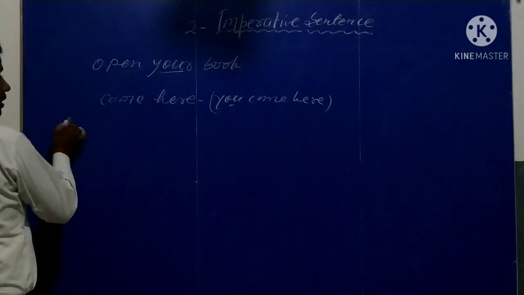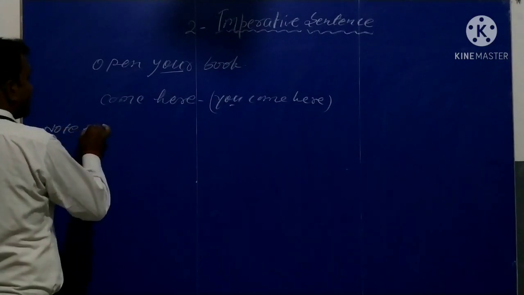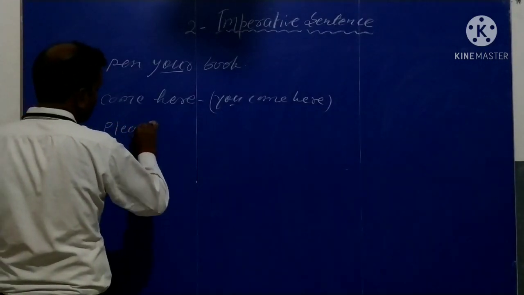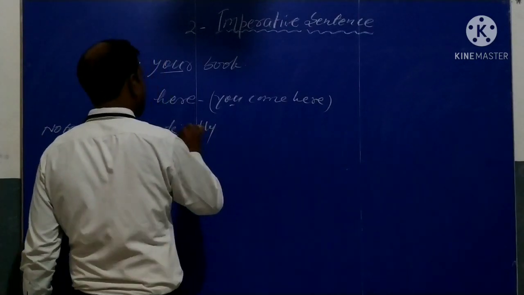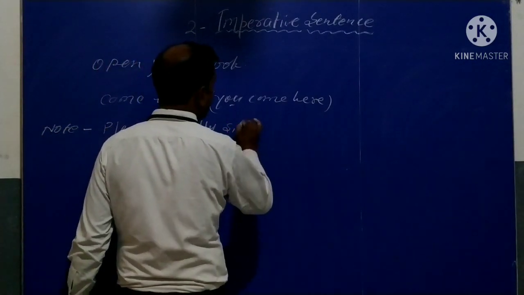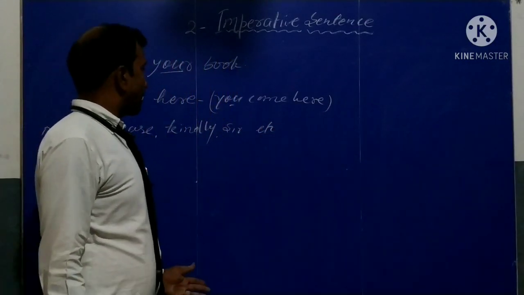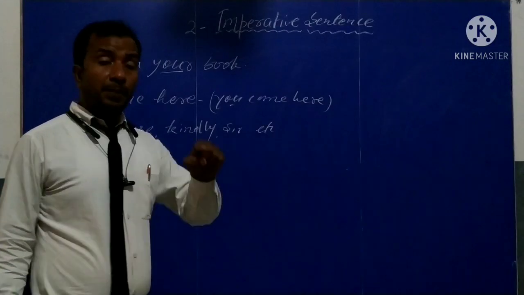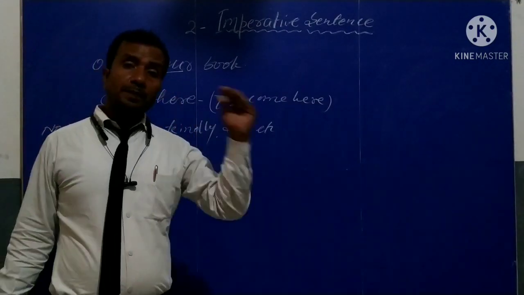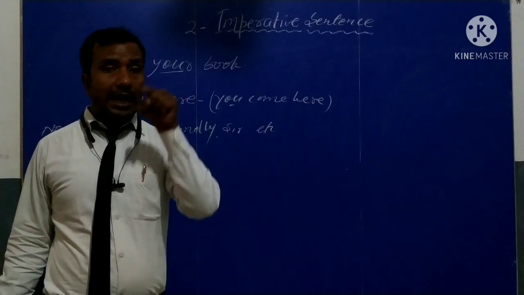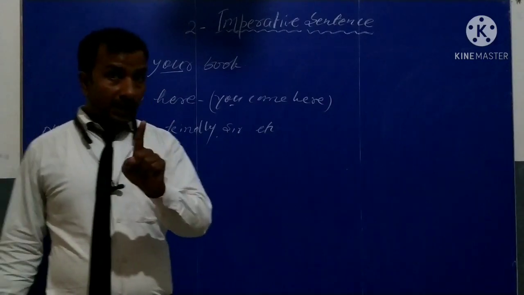Now, some more things. Please, kindly, etc. These words also can be used in imperative sentences. But whenever you try to express the sense of please, then you have to write please separated by a comma. Listen carefully.